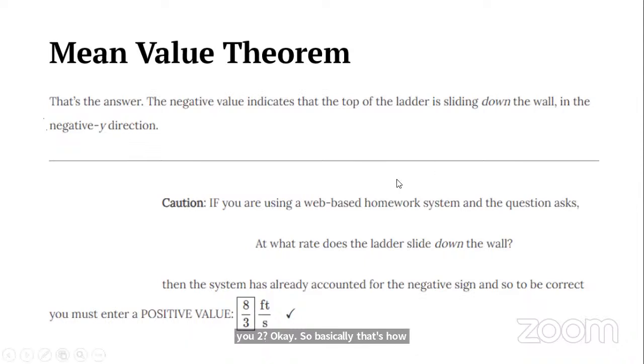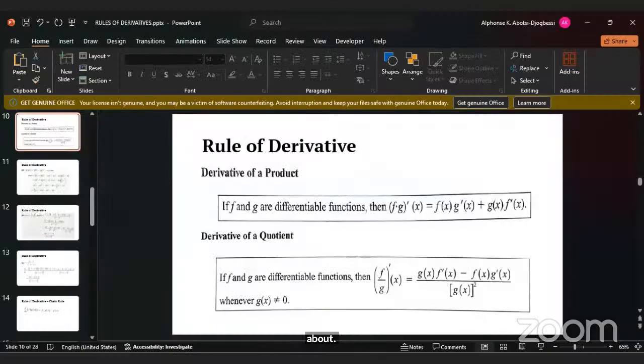But I want to introduce you guys to another form of differentiation. Give me a minute. I want to stop sharing and share another slide.